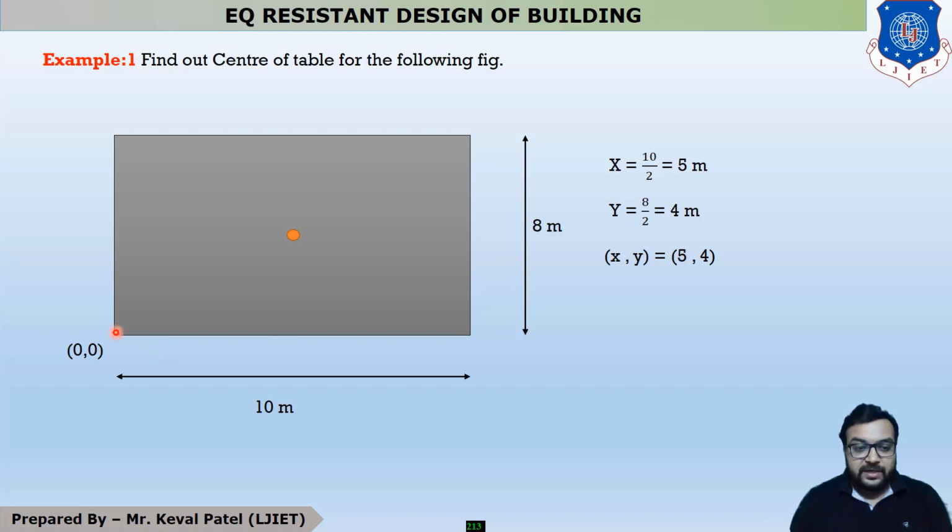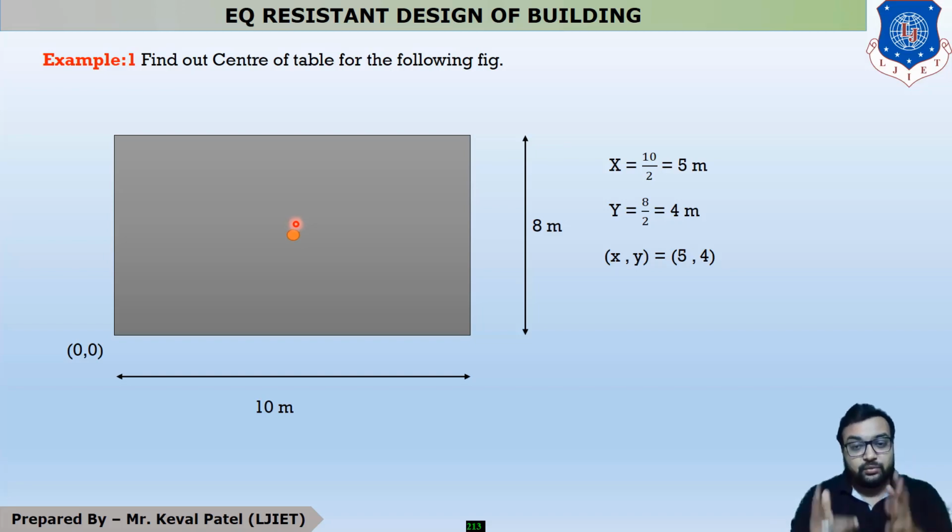Your y dimension is 8 meter, so your center of mass in y direction is at 8 divided by 2, which is 4 meter. So this is 5 meter in x direction and 4 meter in y direction, the value of center of mass in a uniform system.